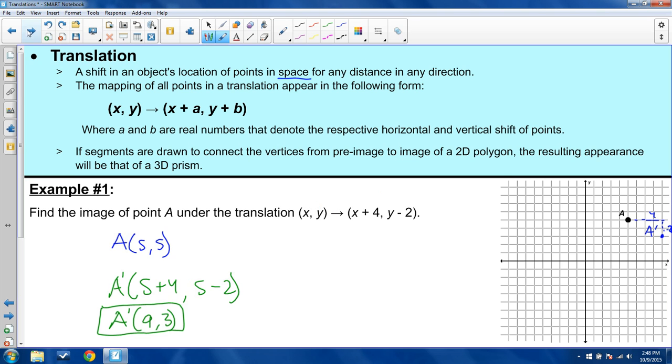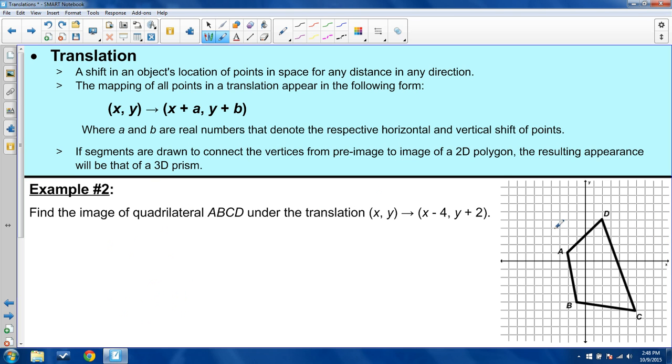Now, in other examples, such as this next one here, we're going to have more than just one point. We'll have multiple points and translate them all. So find the image of quadrilateral ABCD under the translation here. So in this one, let's do the same kind of thing, and I'll give both examples of it with the math and with the graph. What I'm going to do is take every X value from my vertices.